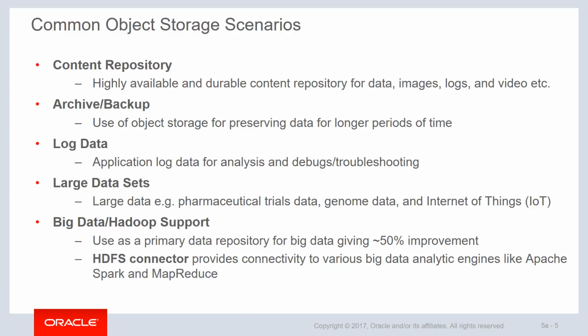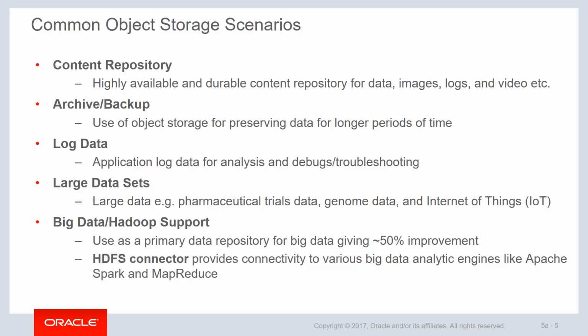Another use case is as a big data Hadoop file system. Typically if we spin up a Hadoop cluster, each node in the cluster would include large amounts of local storage, which would then be configured to act as a Hadoop file system or a clustered file system. When a Hadoop job is executed, it utilizes distributed components across that Hadoop file system to be able to evaluate, aggregate, and manipulate that data.